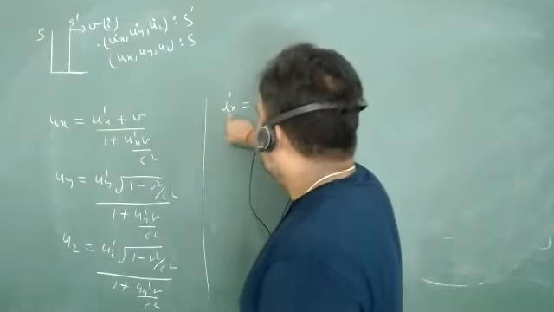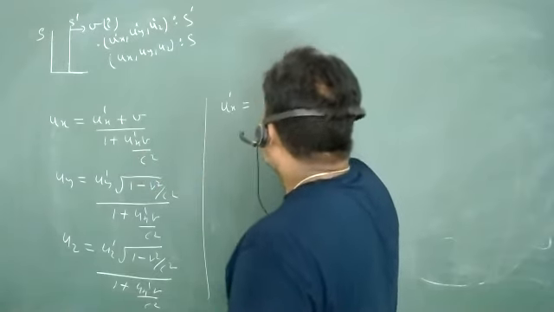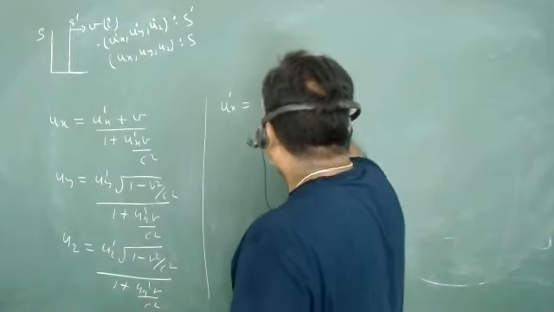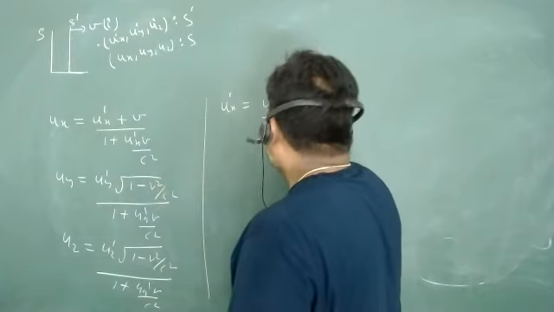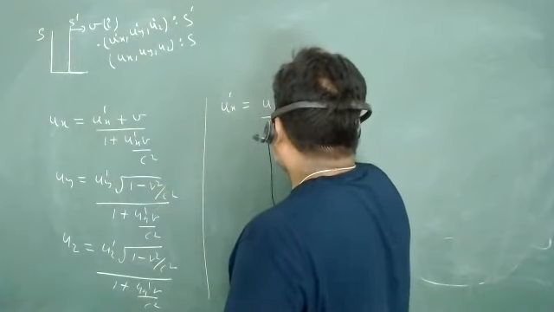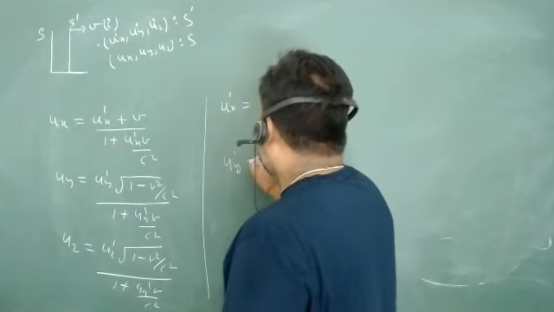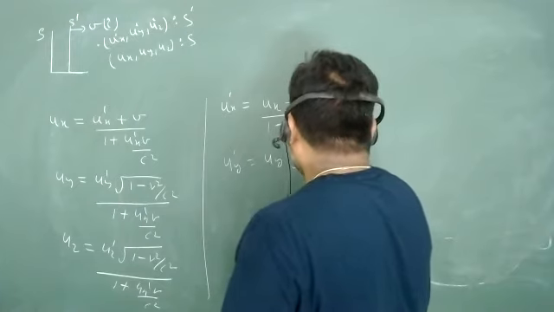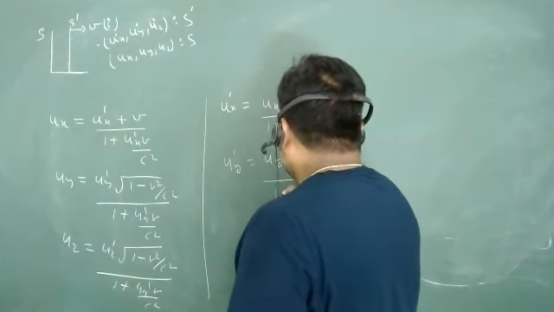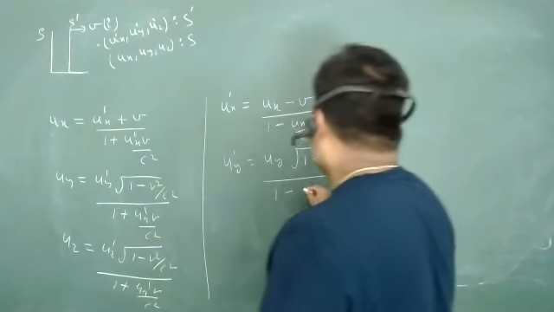So what I have to do? ux dash is equal to (ux minus v) over (1 minus ux v upon c square), and this v will again change sign. Similarly, uy dash is equal to uy root under 1 minus v square upon c square over (1 minus ux v upon c square), with a minus sign because this v is going to change.